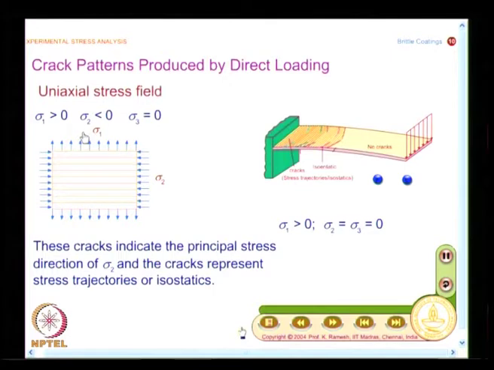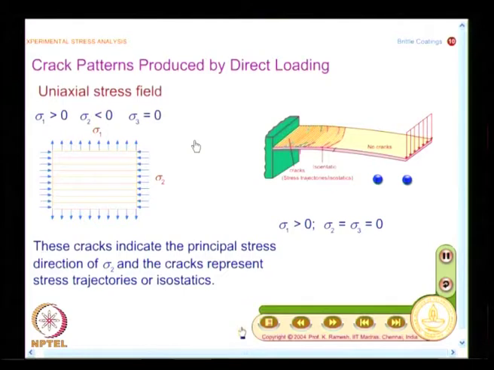Here it is shown for a tension compression, whereas the cantilever example which you had seen earlier essentially gives you a uniaxial state of stress, sigma 1 is greater than 0, sigma 2 and sigma 3 are 0. So, by looking at the crack pattern, I can comment whether it is in a uniaxial stress field.